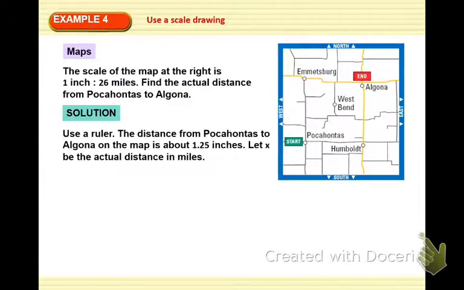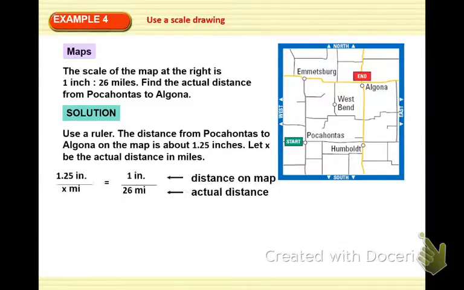All right, so then we can set up a proportion. We would say 1.25 inches, the distance on the map, is to x in miles as then my scale, 1 inch is to 26 miles. I can have different units in my ratio, as long as I'm comparing.